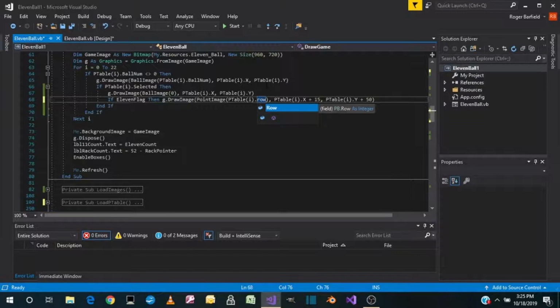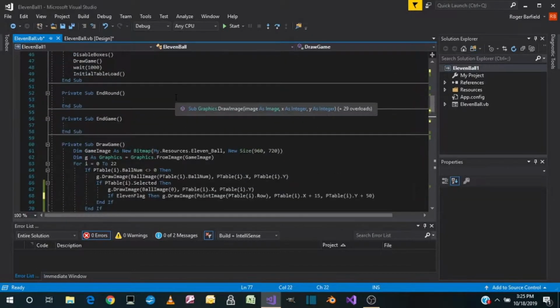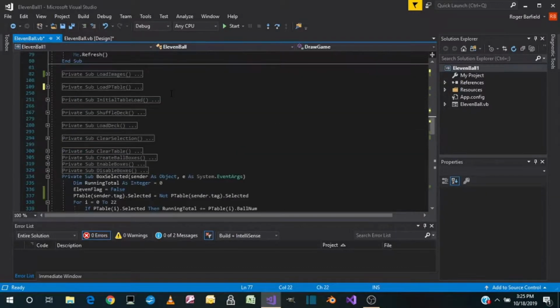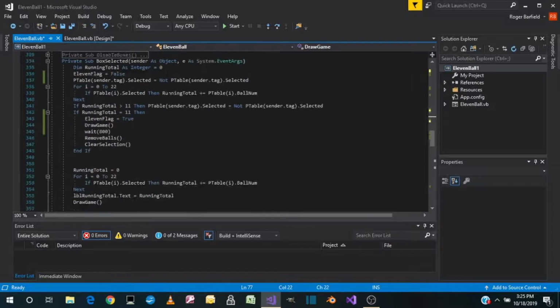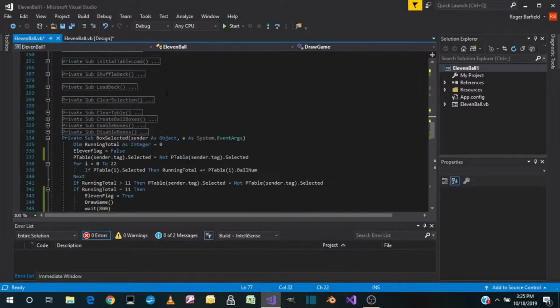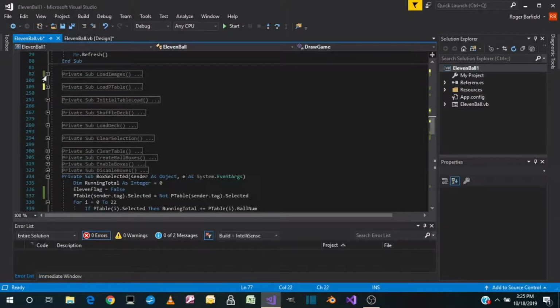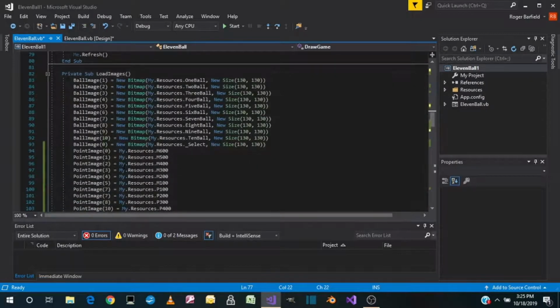Well, not actually. Remember how I laid them out? Let's go back to where I loaded them. Did I close that one up? Yeah, load images. See how I load them up?